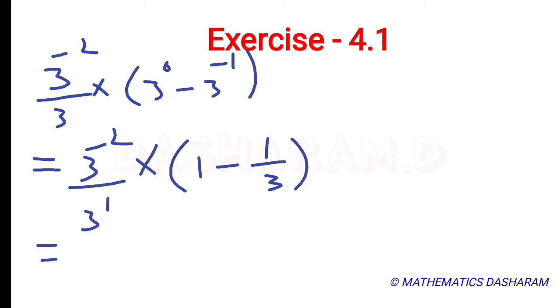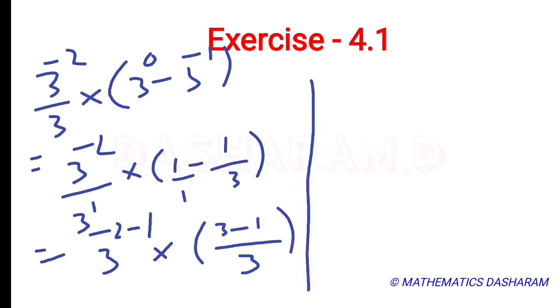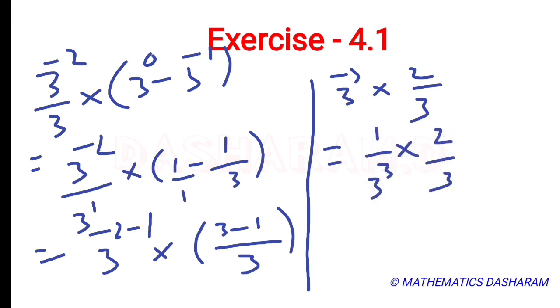Now a to the power of m by a to the power of n equals 3 to the power of minus 2 minus 1, into the LCM of 1, 3 is 3, 3 minus 1. So 3 to the power of minus 2 minus 1 is minus 3, into 3 minus 1 is 2 by 3. Now it is a negative power, so convert into positive power, into 2 by 3.